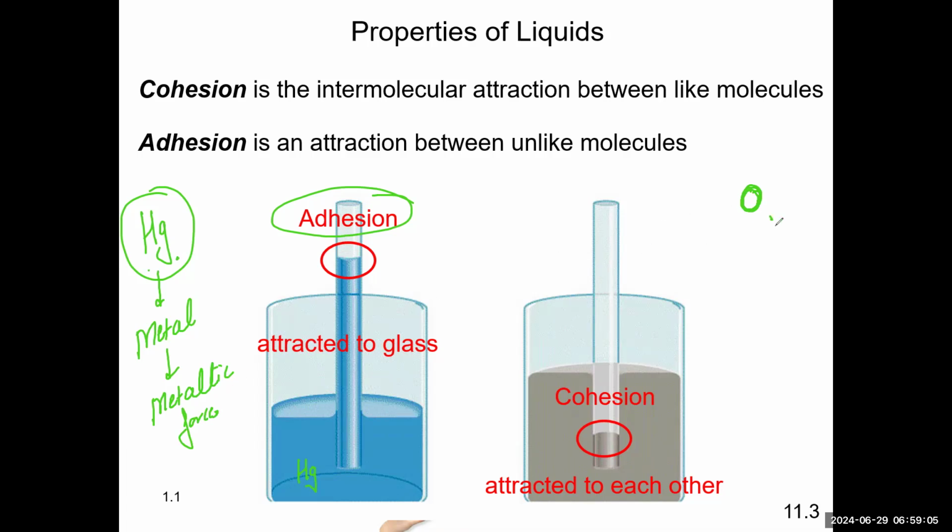It has very strong attractive forces among the mercury metal ions due to electrons, very strongly attracted to each other. So they acquire the shape of a sphere to minimize the surface area. Mercury never spread on floor. Okay, and here this mercury has more stronger attractive forces, so it's not attracted to glass.